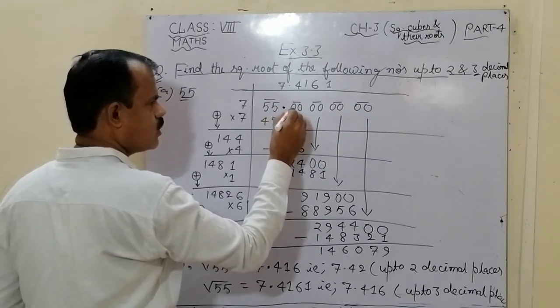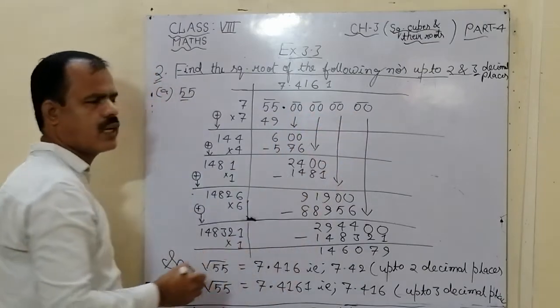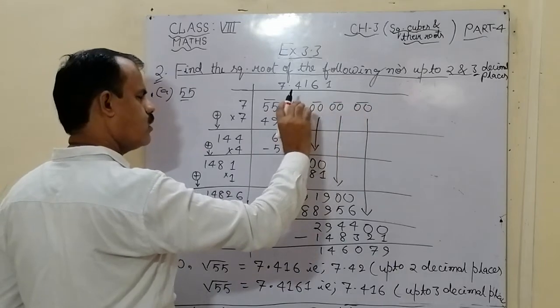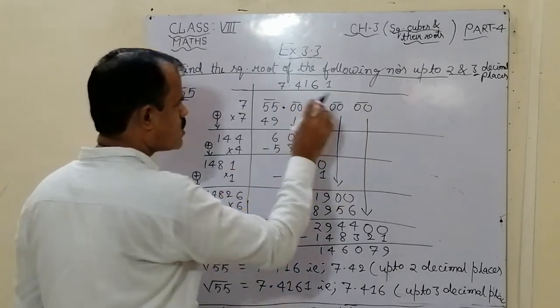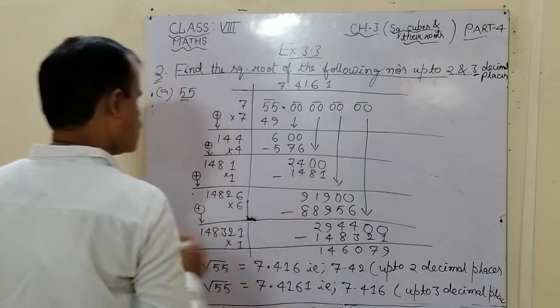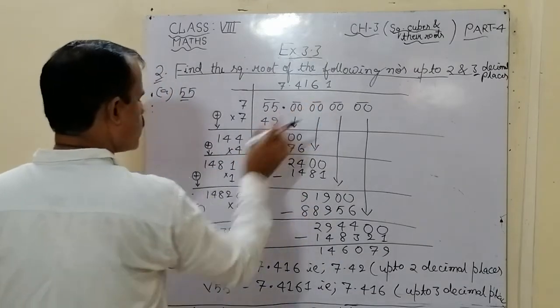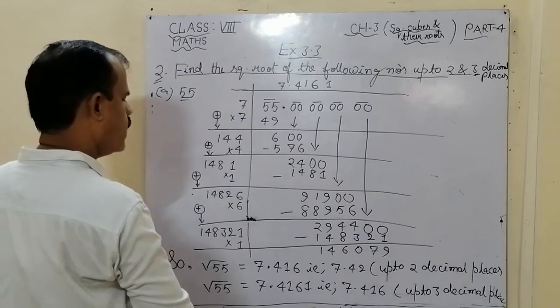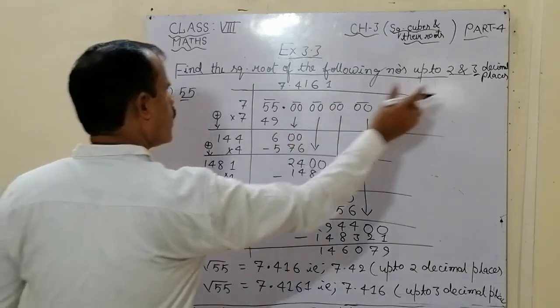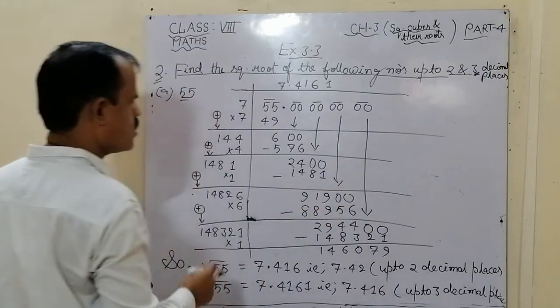So look here, 1 pair, 2 pair, 3 pair, 4 pair. We write this number as the dividend and make 4 pairs, so that we find out 3 decimal places.